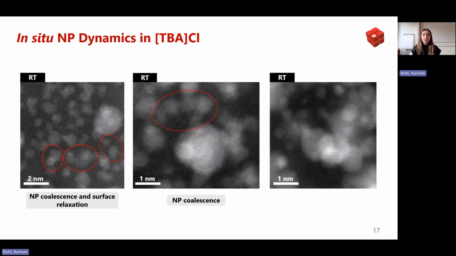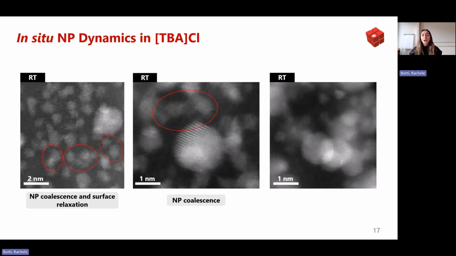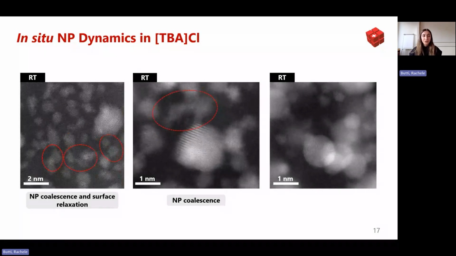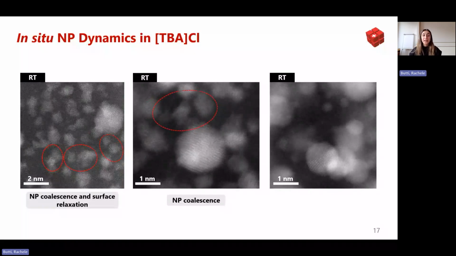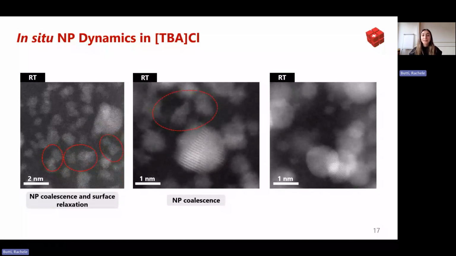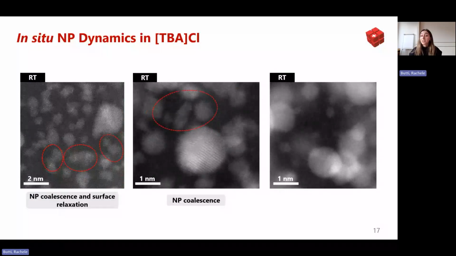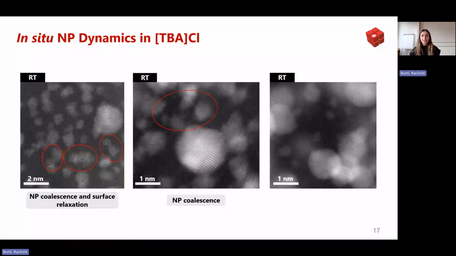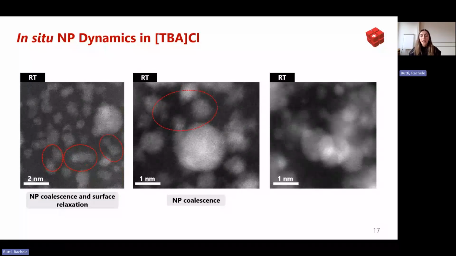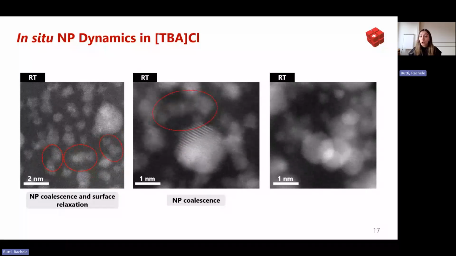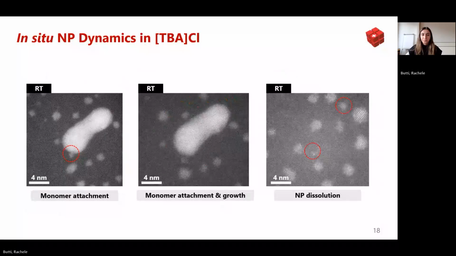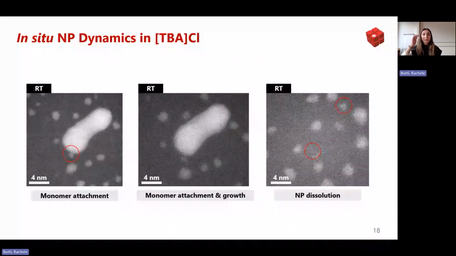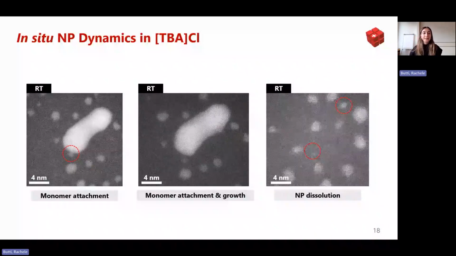Also here we have HAADF time series. In the first series at room temperature, we see nanoparticle coalescence as well as surface relaxation, or in the center there is just classical nanoparticle coalescence, and this happens between very, very small gold nanoparticles. Moreover, here we see even bigger particles in tetrabutylammonium chloride.